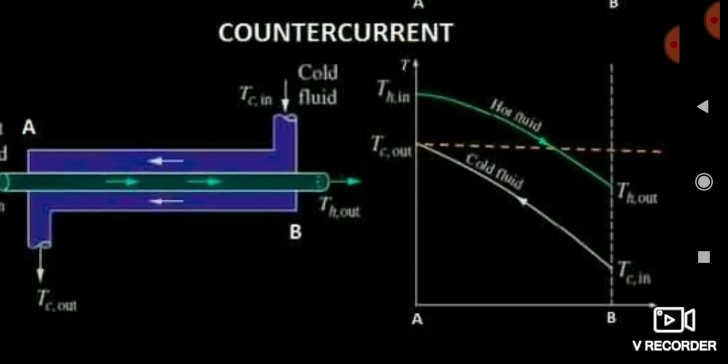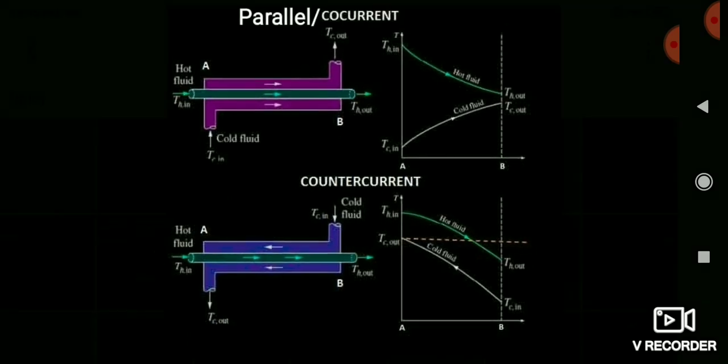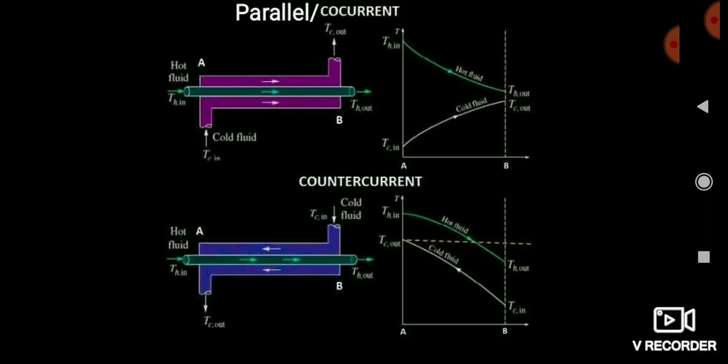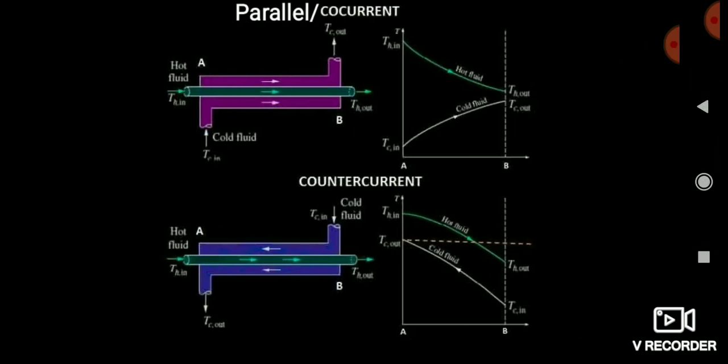And in case of counter flow heat exchanger, you see here that it is THO minus TCI, meaning outlet temperature of hot fluid minus inlet temperature of cold fluid. Friends, these two things are regarding this diagram, and when you calculate the delta T1 and delta T2 value, you should simply subtract both.